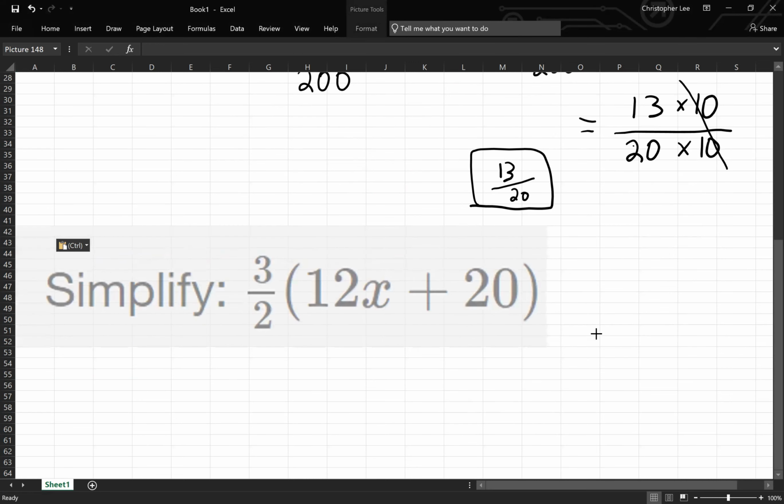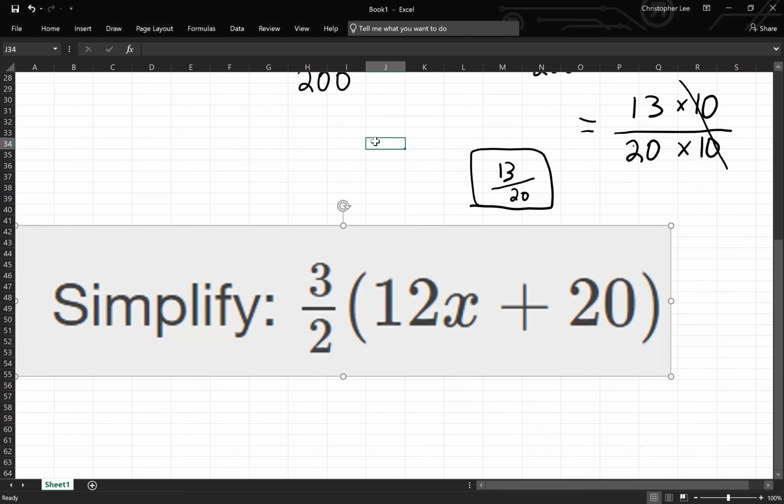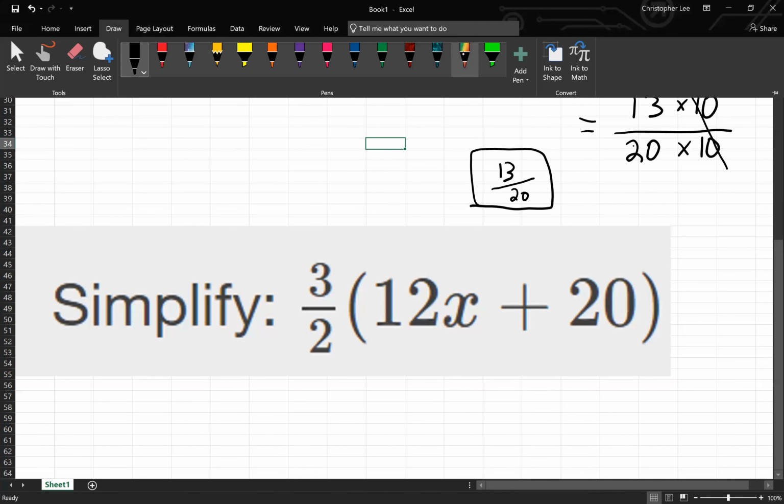So I have this question here. Can somebody tell me how to do this? I want to simplify this question. Or even if you don't know what to do, tell me what you think you're gonna do. What do we think we gotta do here to simplify this?